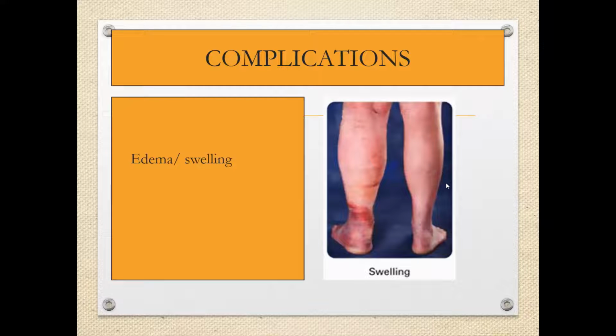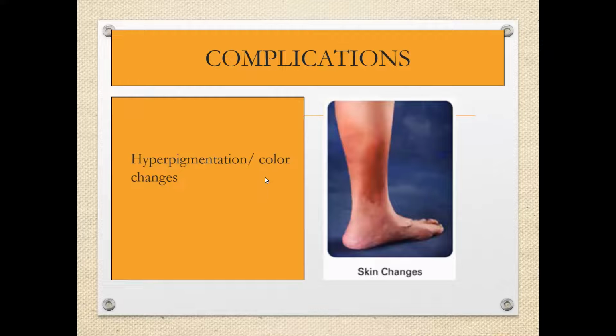Some people, like I mentioned, there is swelling, quite a dramatic case here. This is all related to varicose veins. As you see over time, those blood cells escape under your skin and the skin becomes dark and discolored. It starts to become very dry and flaky. All of that, again, related to varicose veins.